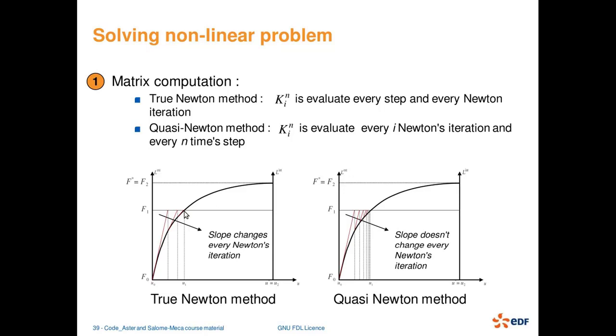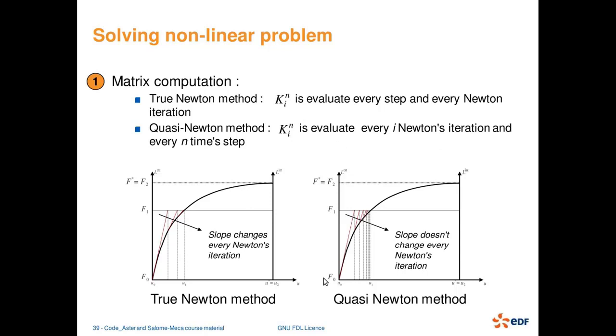But since the computation of this tangent matrix is very expensive, in quasi-Newton methods, in modified Newtonian methods, we do not compute this new tangent matrix at every Newtonian step. Rather, we compute after a certain number of iterations. So those types of controls are possible.